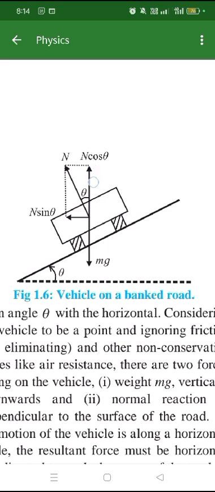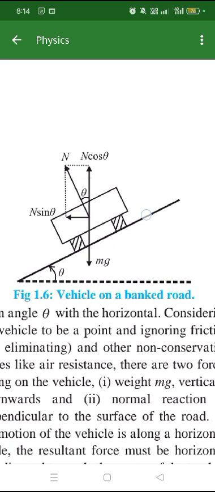And the other component is the N sine theta component, which you can see is unbalanced, right? There is no other force acting on that side, so that will be balanced by the centrifugal force. If the vehicle is running on a curved surface, the N sine theta component will be balanced by the centrifugal force.